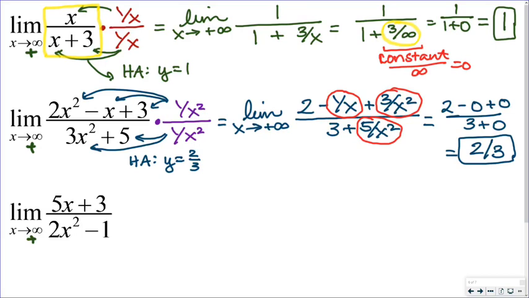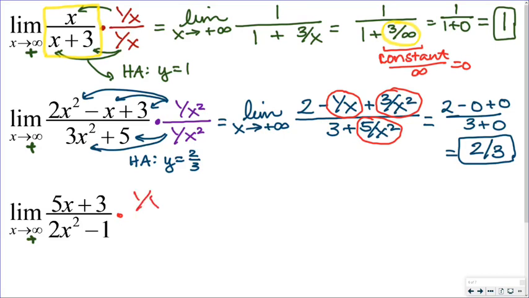Okay, finally in this third one, I have the limit as x approaches positive infinity of 5x plus 3 over 2x squared minus 1. The highest power of x in the denominator is x squared.